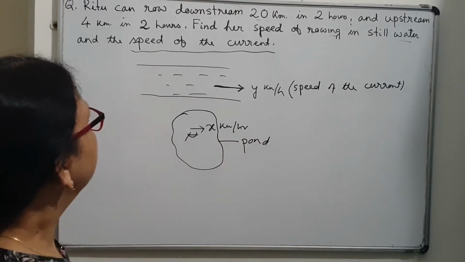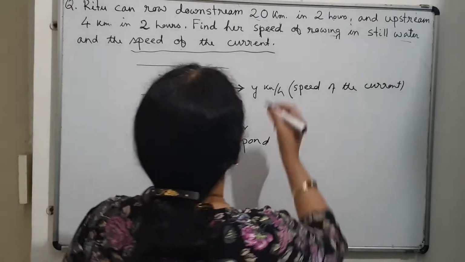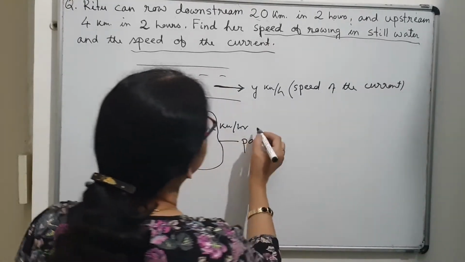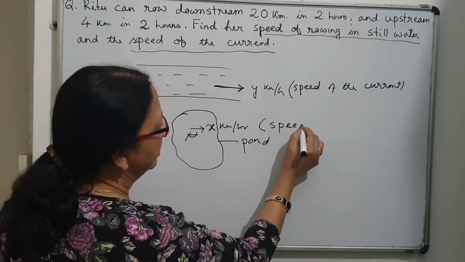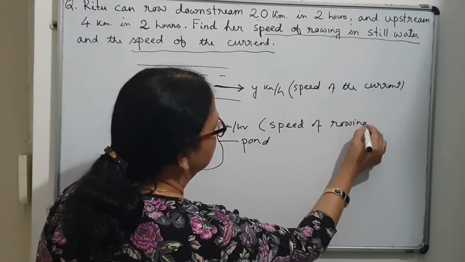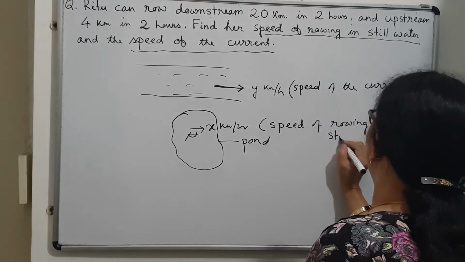That is the speed of rowing in still water, which you are asked to find. So x km per hour we have taken as the speed of rowing in still water.